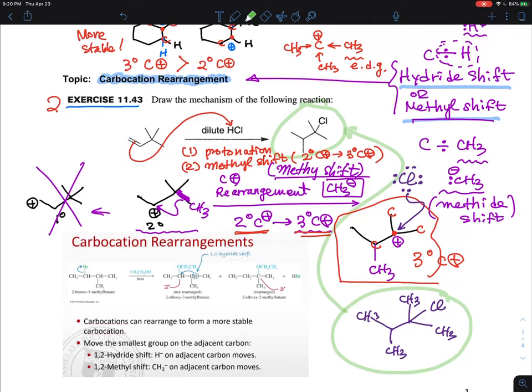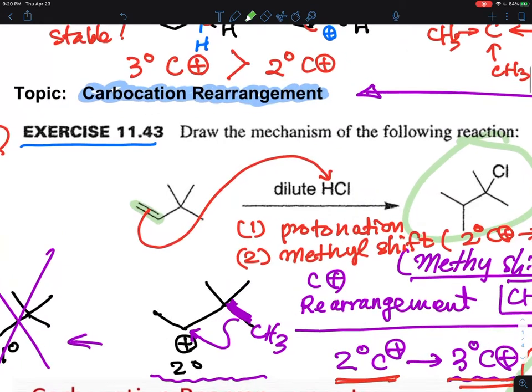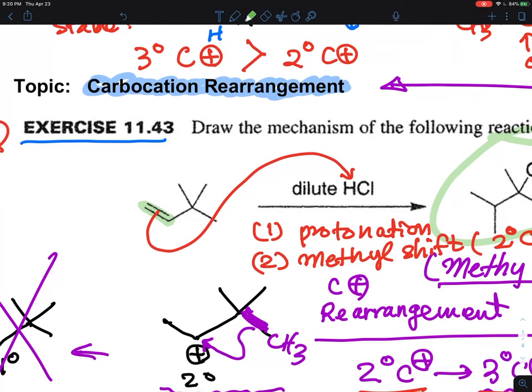So if you first think about it, this is where the double bonds are originally located. So you might think that the protonation happens at one of the carbons here, and then the carbocation will be developed, and the chlorine will be attached to that carbocation site.